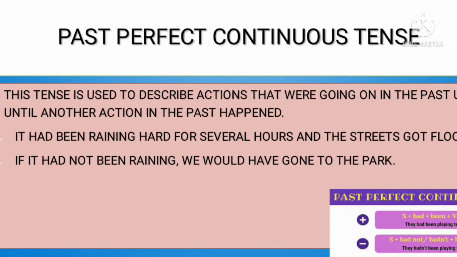Like it had been raining hard: one event is it started to rain and it continuously rained, so had been raining until the streets got flooded. When the streets got flooded, the rain stopped. So with another action only, this first action is getting over. That's why we use past perfect continuous tense. But at the same time, past perfect continuous tense is also sometimes used identically with the present perfect continuous tense.